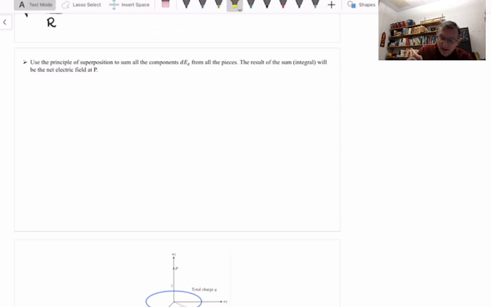You use this fancy concept called the principle of superposition, and that really just means add up all the components dEz from all the pieces. The result of that sum will be an integral, and the answer to that integral will be the net electric field at point P. So let's do that. We are now calculating the total field, E, by summing all the infinitesimal dEz's.